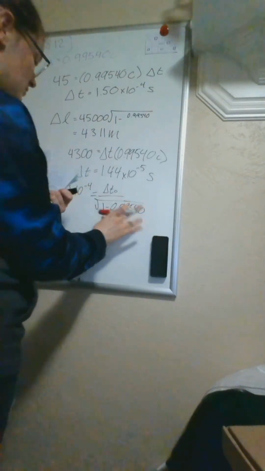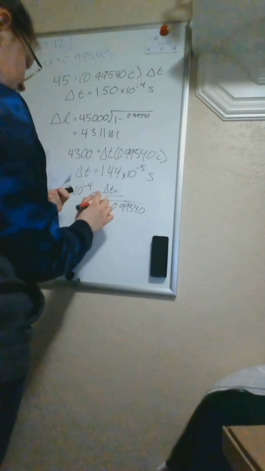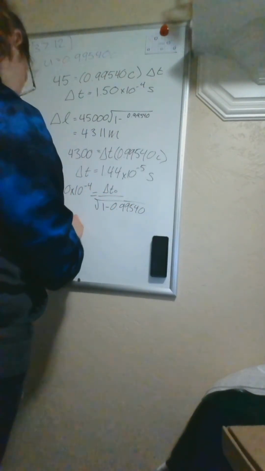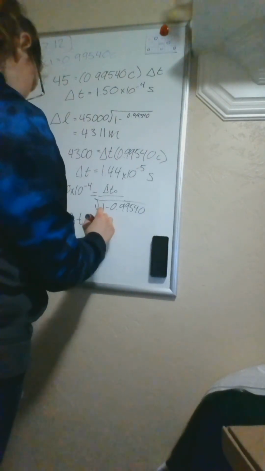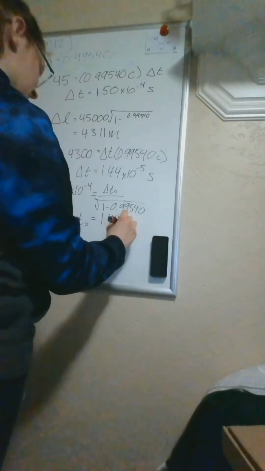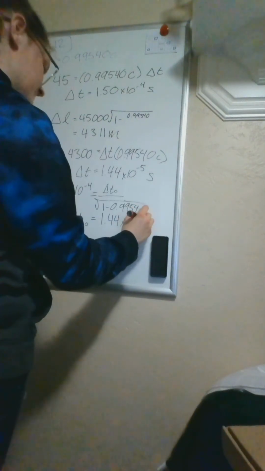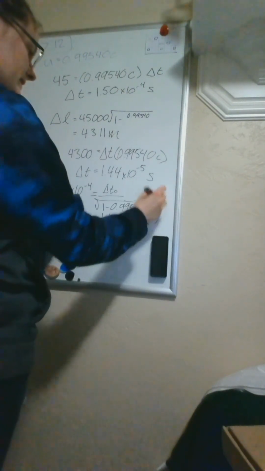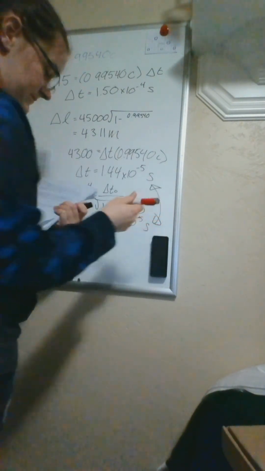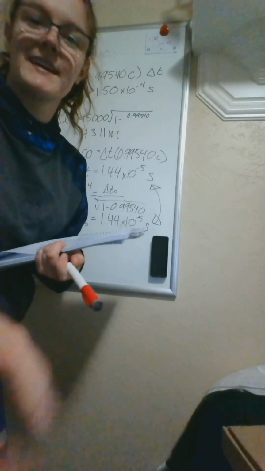Then we just multiply them, and we get that, surprise, it's the exact same time as the one we calculated right here. So since those are the same, that means that we probably did something right. So that's the answer.